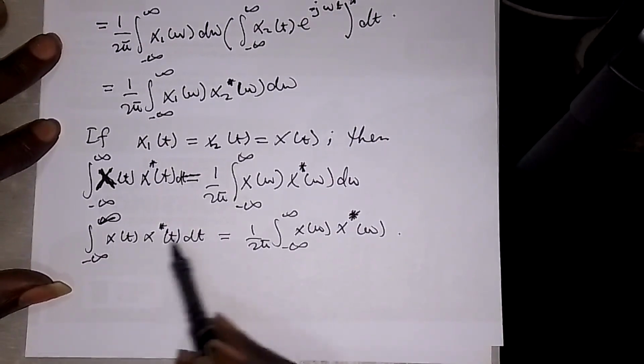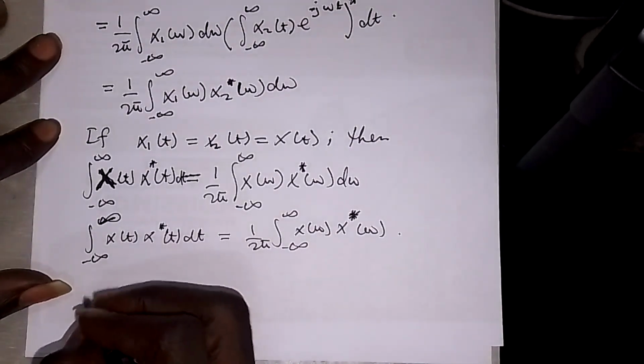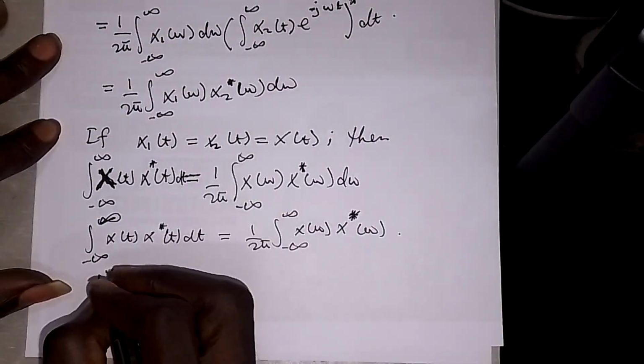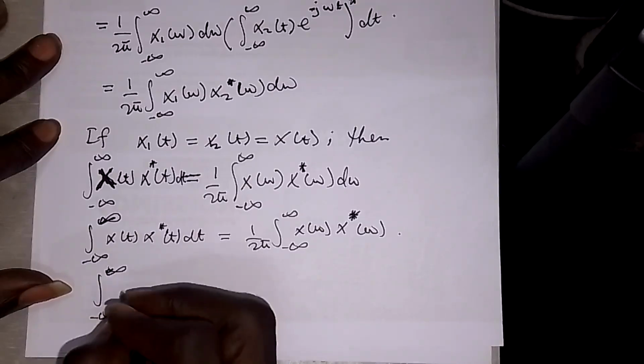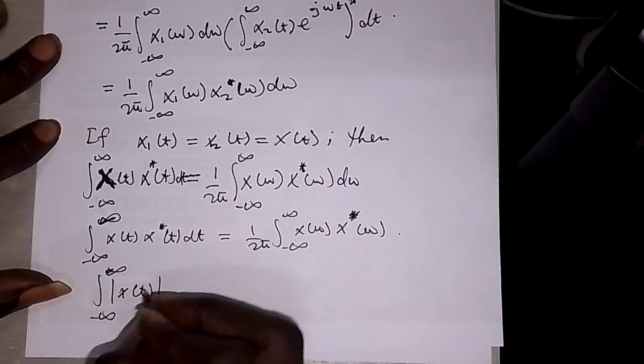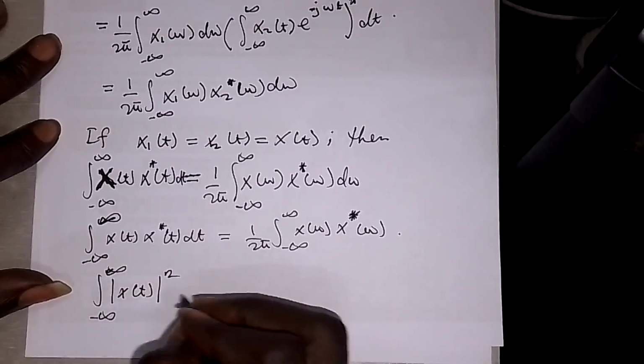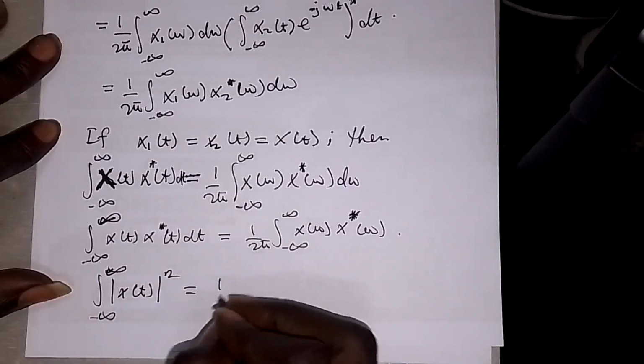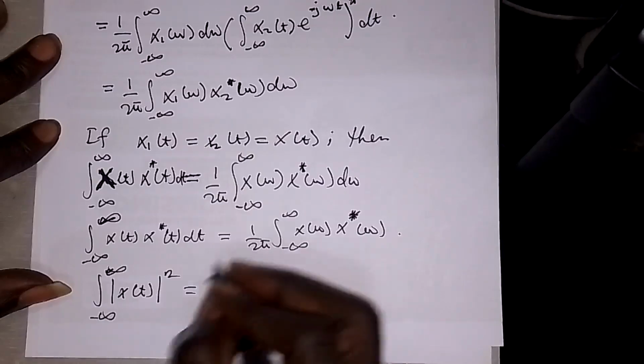Now what you can see here is that this is a squared term. So I can say that the integral from minus infinity to infinity of the modulus of x of t squared is equal to 1 over 2 pi of the integral of the modulus of x of omega squared.